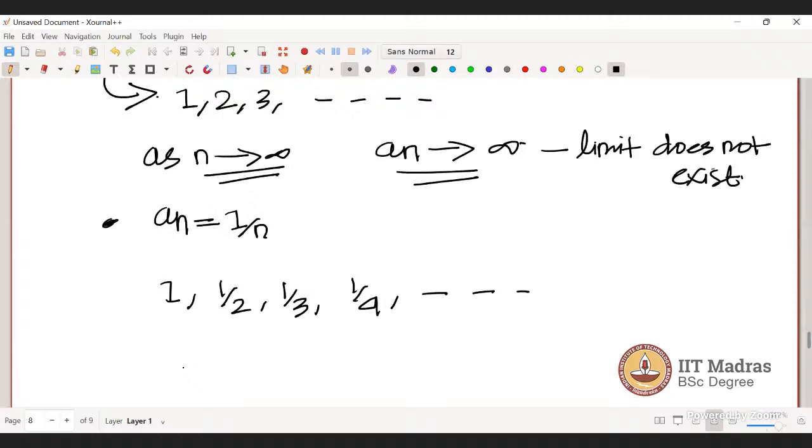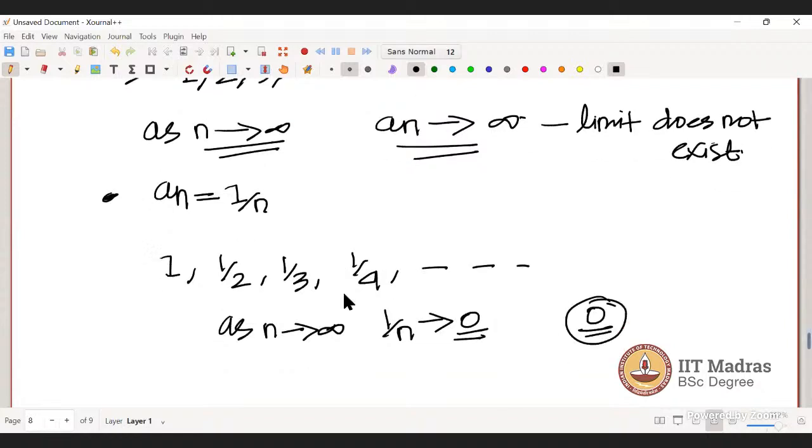If you increase n, the value of 1 by n will decrease. So as n tends to infinity, 1 by n tends to 0. That's why the limit is 0.